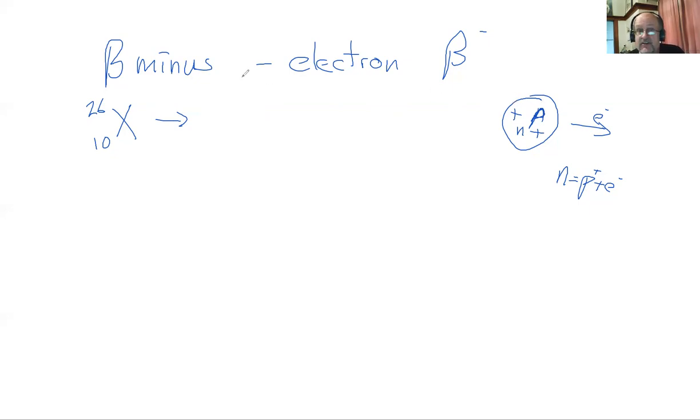A proton is still a nucleon, so the number of nucleons does not change. But because it turned from neutron to proton, now we have one more proton. Because the number of protons is now different, it's actually a different element. So we're going to get that, plus our beta, basically our electron.